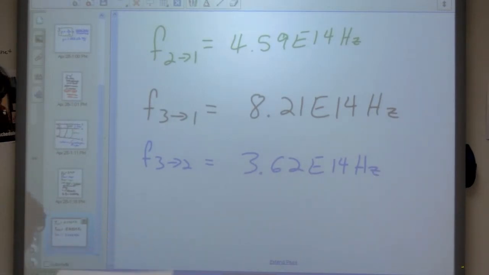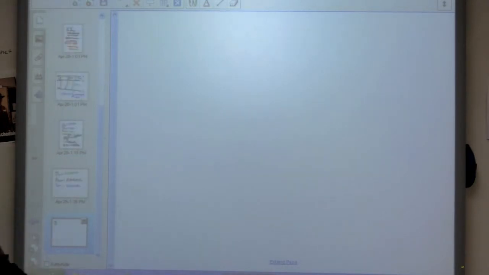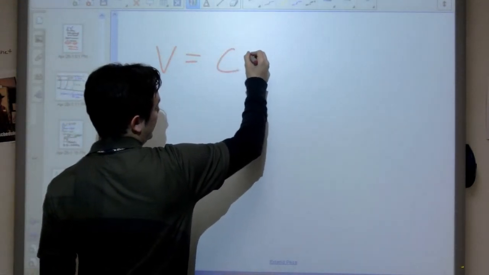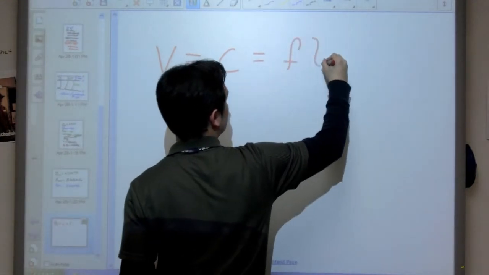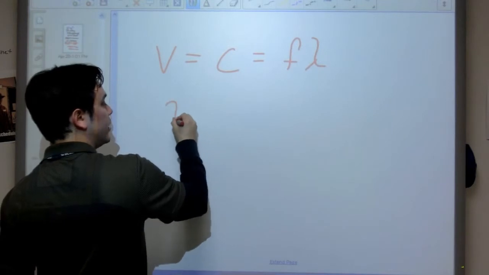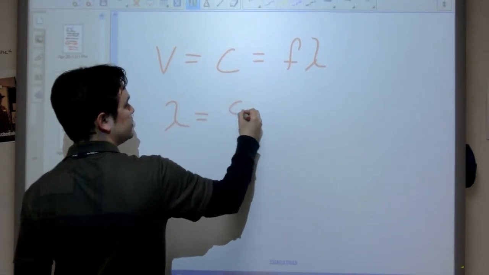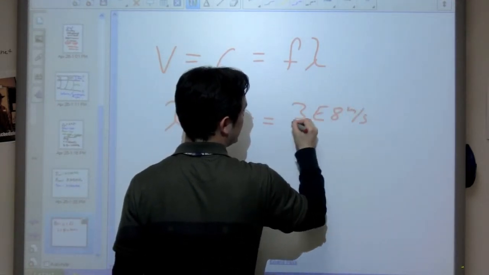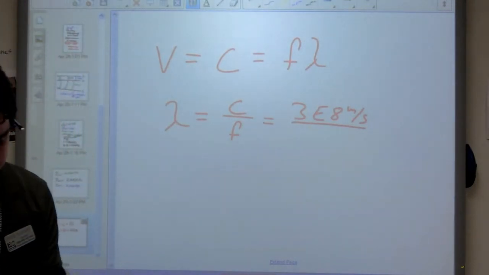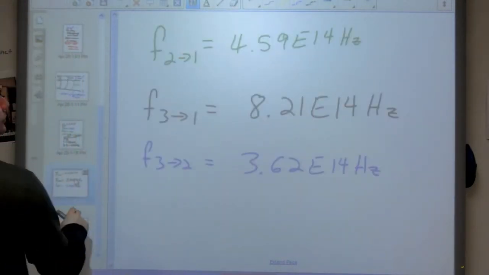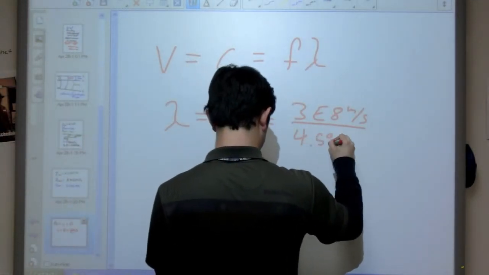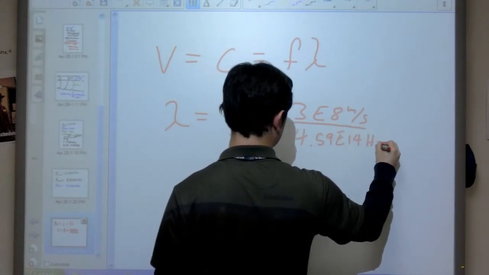Okay? So I've got my frequencies, but that's not what I'm looking for. I'm looking for wavelength. So we need one more equation. I know that my wave speed, which since we're dealing with light is going to be the speed of light, is equal to my frequency times my wavelength. Thus, I can find my wavelength by taking the speed of light divided by my frequency, which is 3 times 10 to the 8th meters per second, divided by, keeping with that first one we were working with, 4.59 times 10 to the 14th hertz.